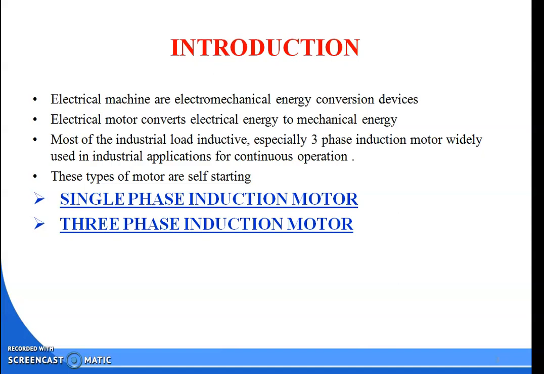And let me remind you about generators. In the case of generators, we give mechanical input to the generator and it generates electrical output. So, always remember: a generator generates electricity, a motor gives you mechanical output.